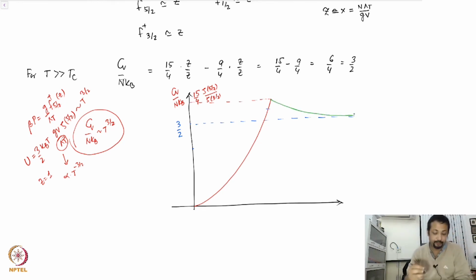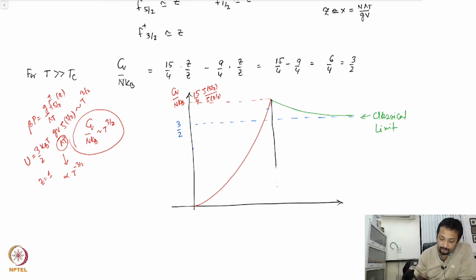Right. So this is the classical limit, and this is where your critical temperature Tc is.